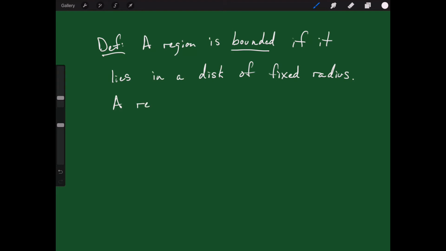A region is unbounded if it is not bounded.